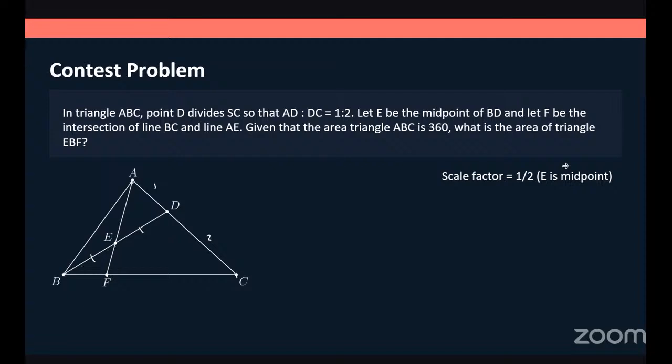So starting off, what we're told is that AD and DC have a ratio of 1 to 2.